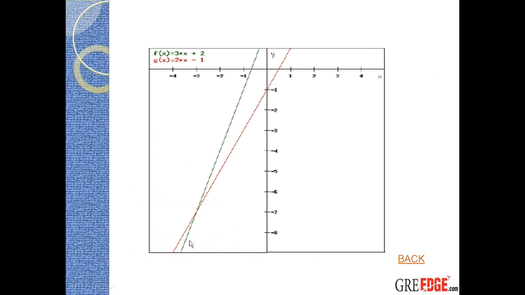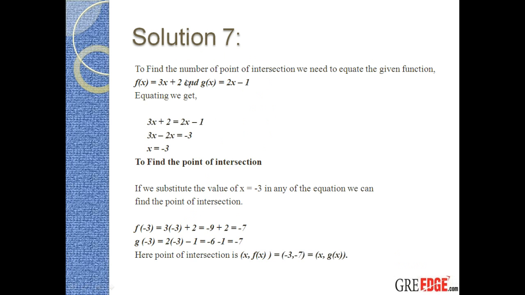See, it's like this. This is f of x, this is g of x. So at this point, f of x has the same value as g of x, and x in both the equations also has the same value.